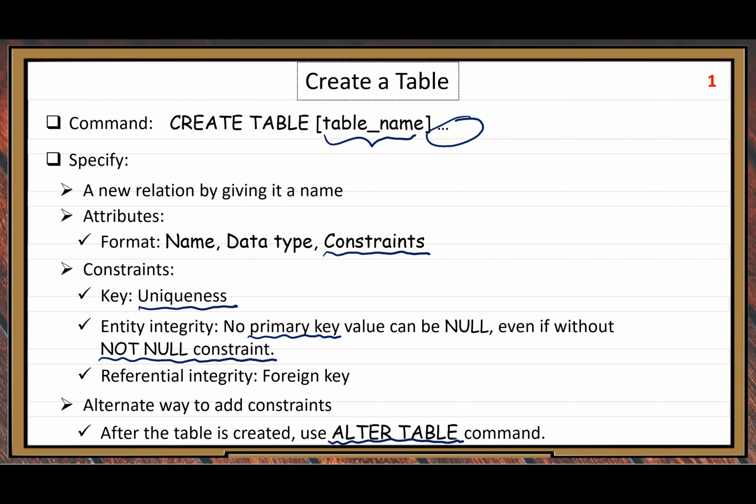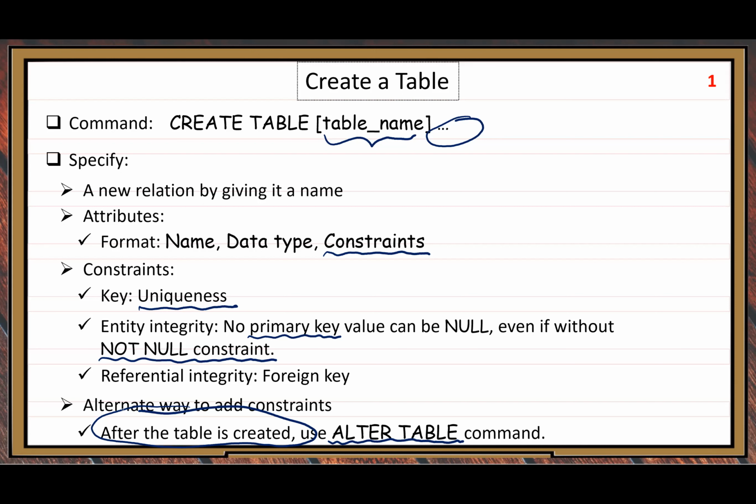After that, you specify in what way to alter that table. But here, the important thing is after the table is created, you can do it in this way. Sometimes this way is important.